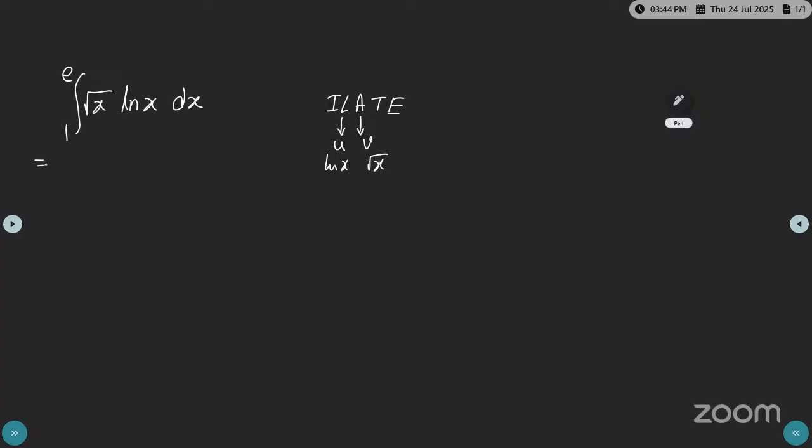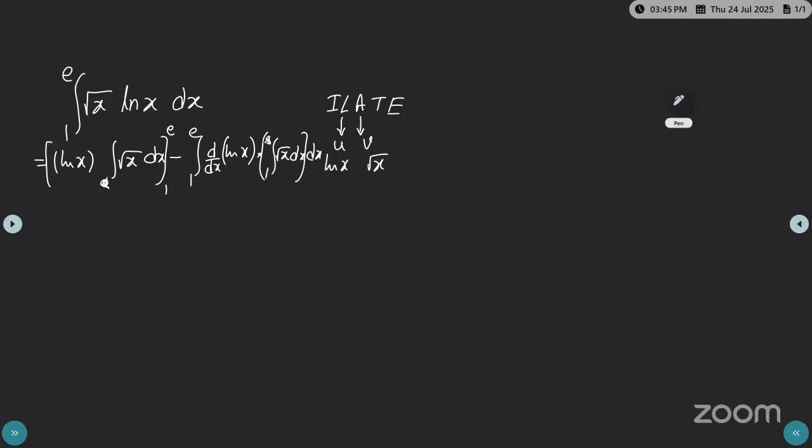What happens? u into integral v, that is ln x into integral of root x dx, minus integral, and this whole thing you need to write from 1 to e, of the derivative of ln x, d/dx of ln x, into integral from 1 to e of root x dx, whole dx.